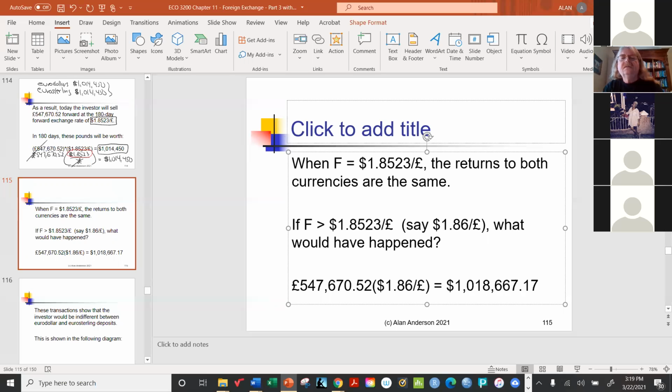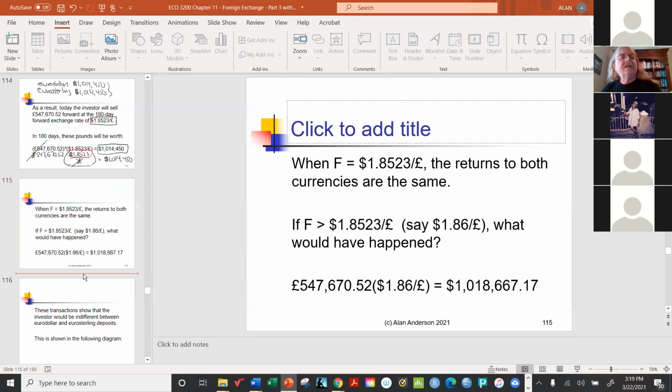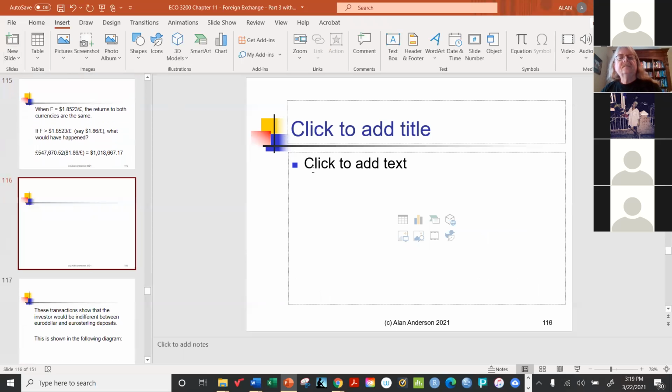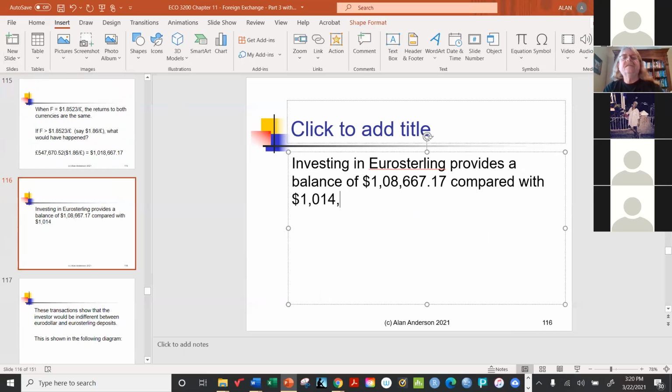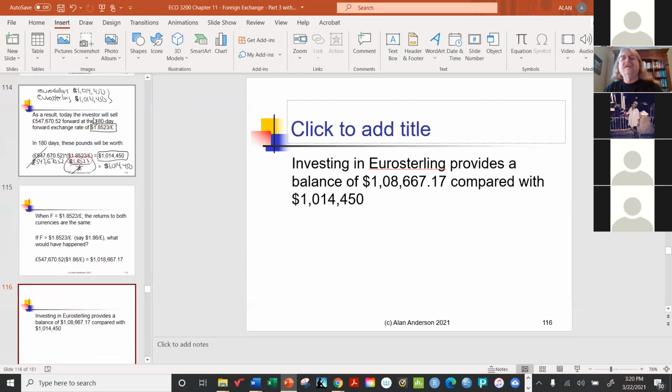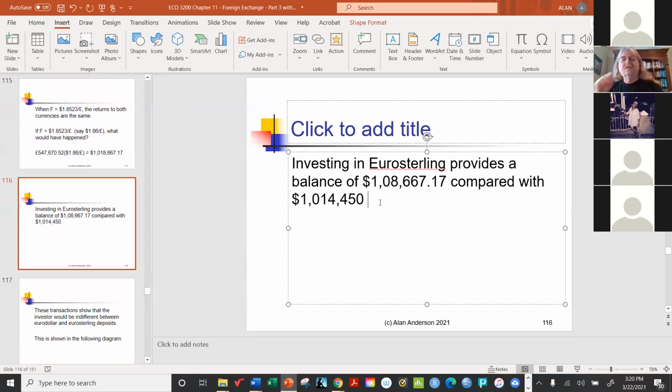So remember, that means now that investing in euro sterling provides a return or provides a balance of 1,018,667.17 compared with 1,014,450 by holding euro dollars.